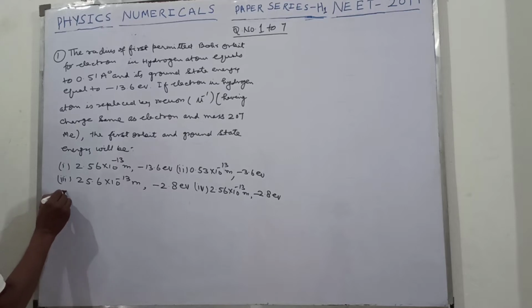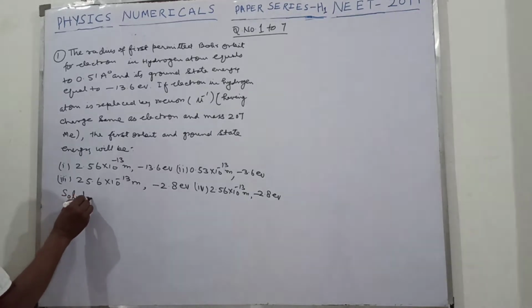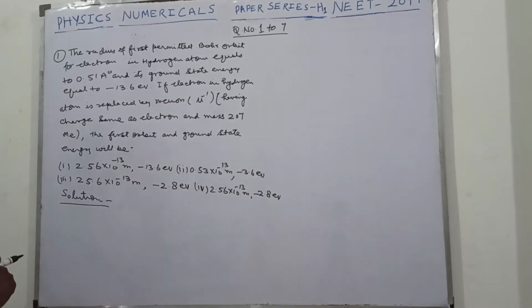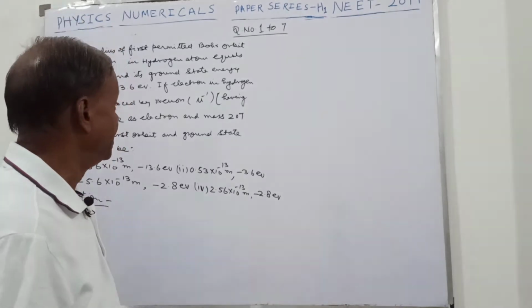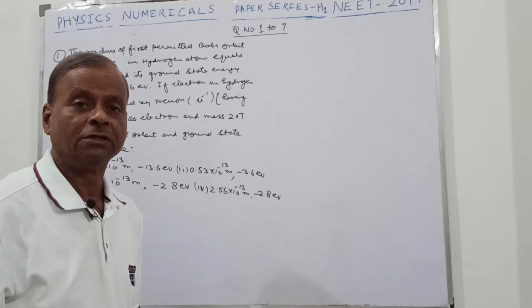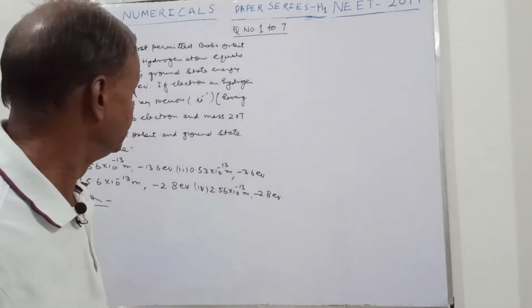Now the solution. Here it is clearly given the first permitted Bohr orbit, so you must know the formula of the radius of the orbits and also the formula for the energy of the electron.